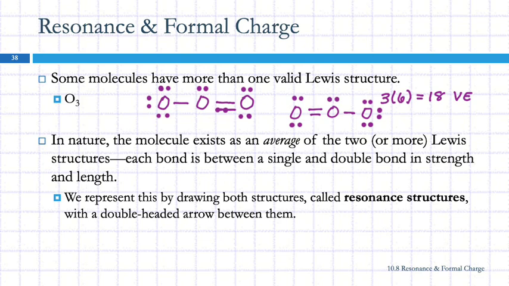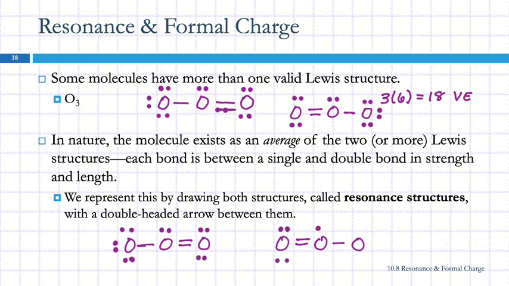and that got a little messy. We draw a double-headed arrow in between them. And that double-headed arrow means that these are resonance structures.